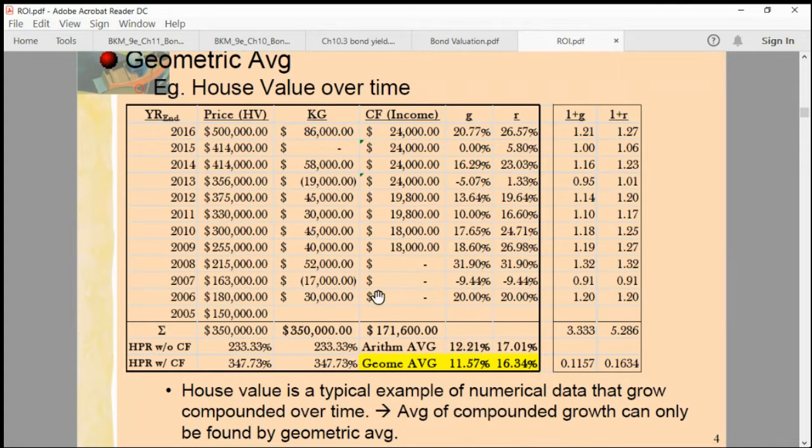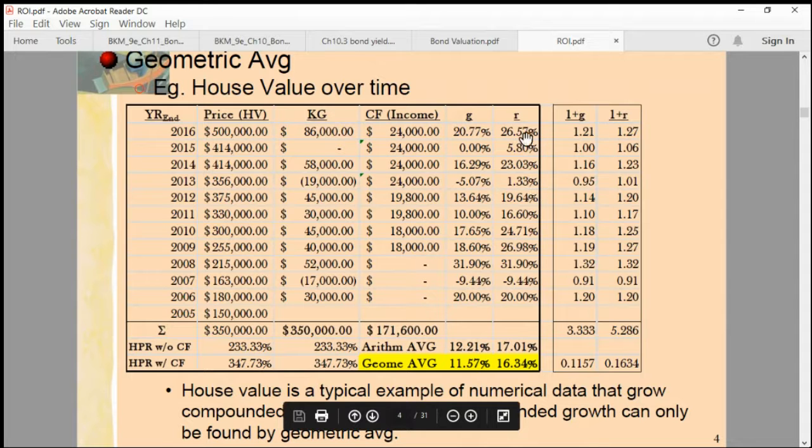But in scenario two, since there are two cash flows from this investment, not only the capital gains, but also the rental income, if you take the return for each year, of course, for the first 3 years there's no difference because there's no rental income.